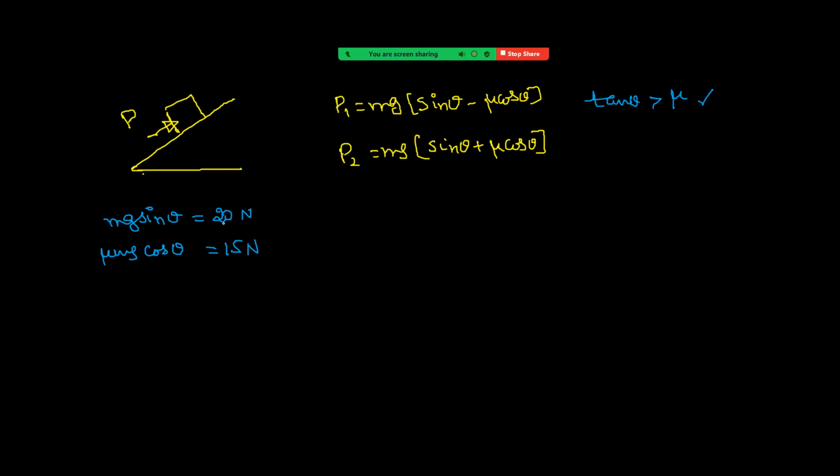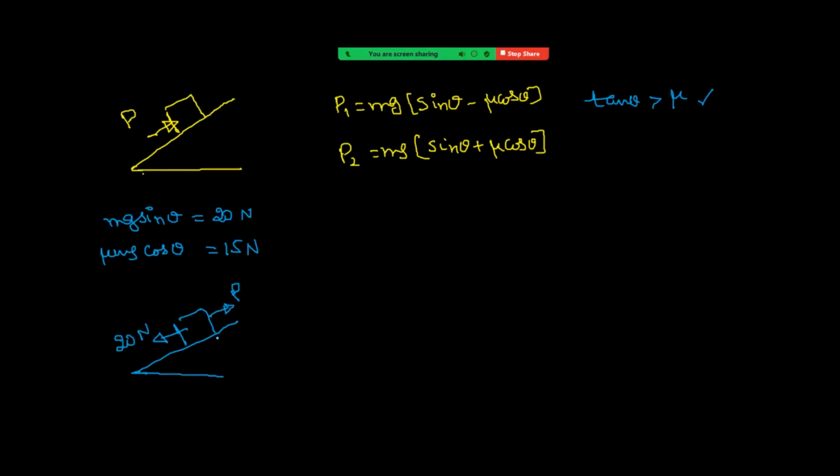Now the condition is that the block is kept at rest. So 20 is downwards, which we cannot change, and I apply force P upwards.